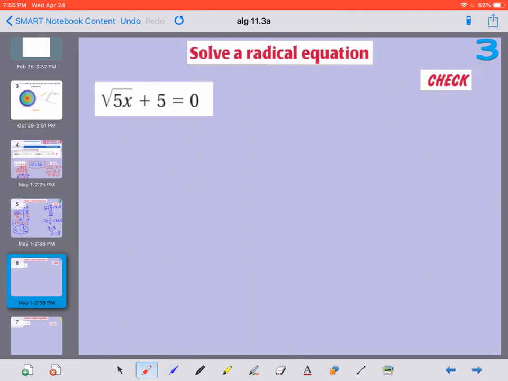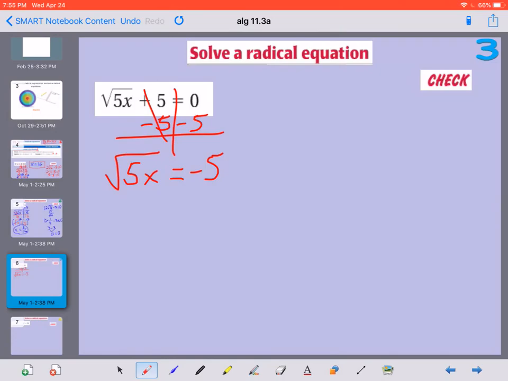Okay, next one. We are going to here subtract 5 from both sides. Those cancel. What I get then is the square root of 5x equals negative 5. Now this is where this problem should bring concern, because right now it looks like it says the square root of something is going to equal a negative number.